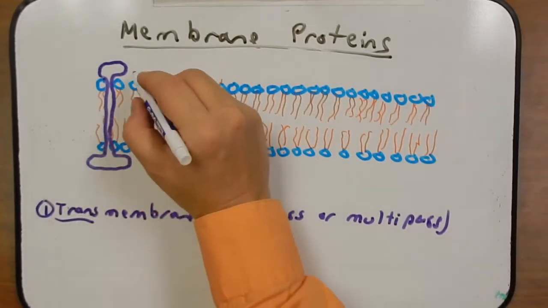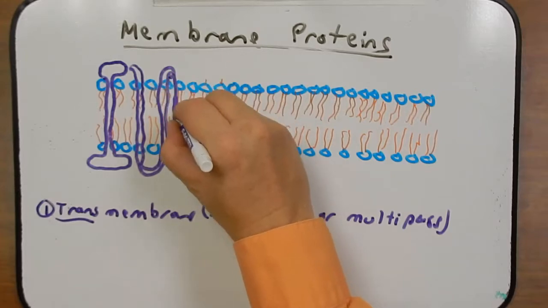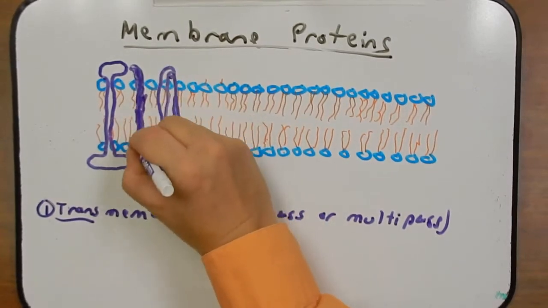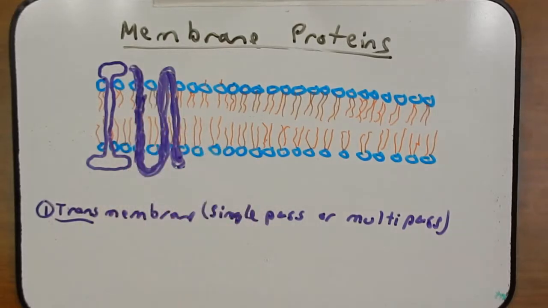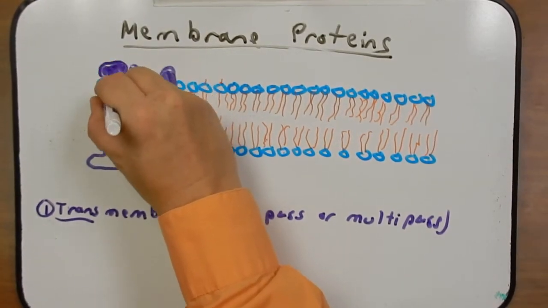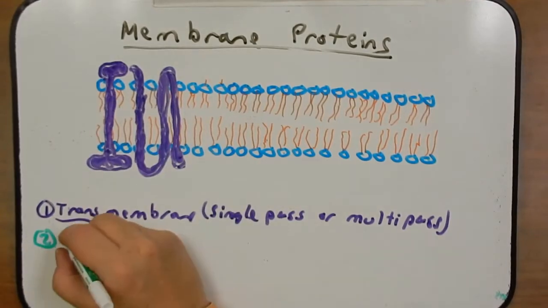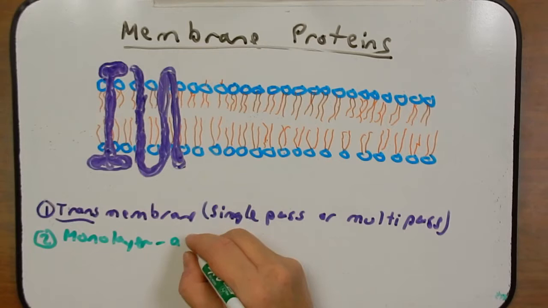And if it was a multi-pass, we would just have larger structures here. Now sometimes these multi-pass proteins can form a higher ordered structure, allowing channels to form. I'm going to color this one in just for consistency. The next one here is called a monolayer associated protein.